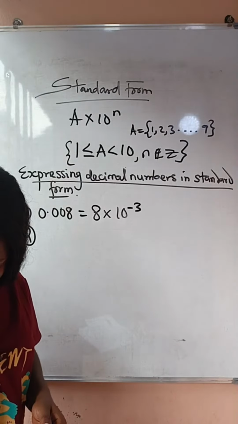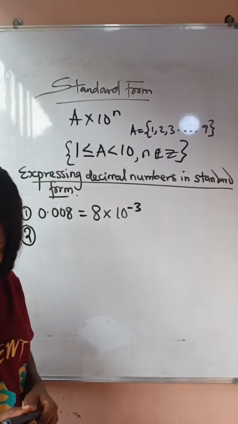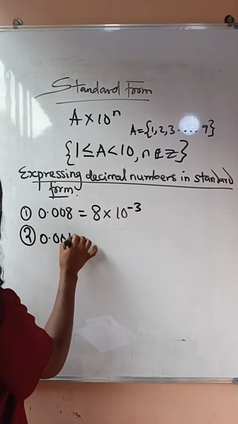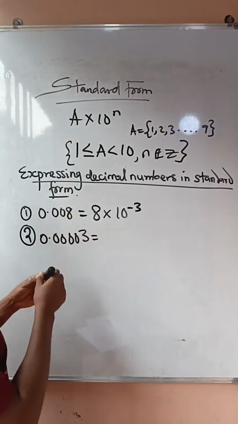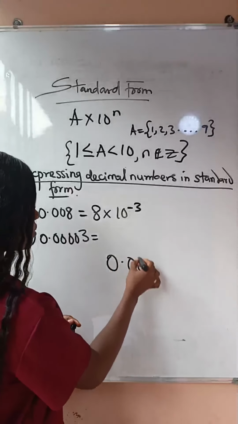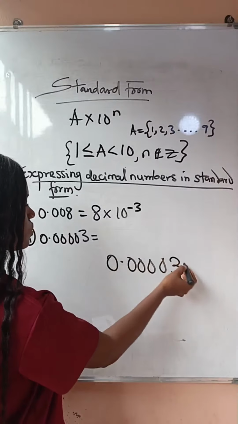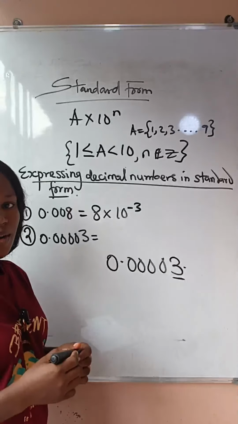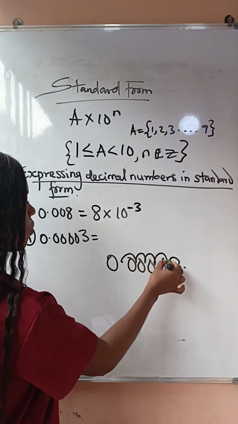Then number two, we have 0.00003. Now, the same thing. We need to shift the decimal point to get to 3 so that we can use this as our A. So we have 1, 2, 3, 4, 5.